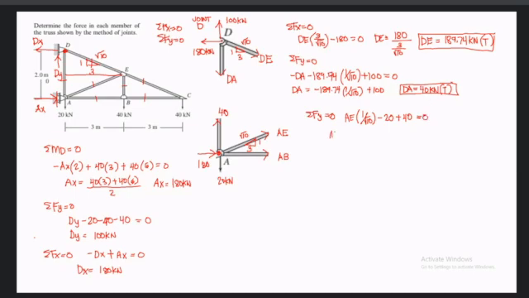Your AE will now become negative 40 plus 20. I move the constants to the other side and divide by 1 over square root of 10.